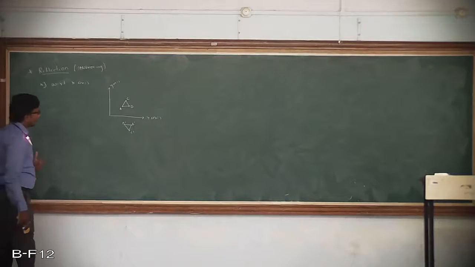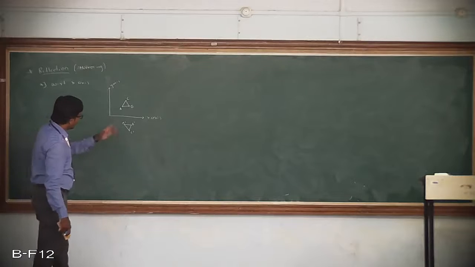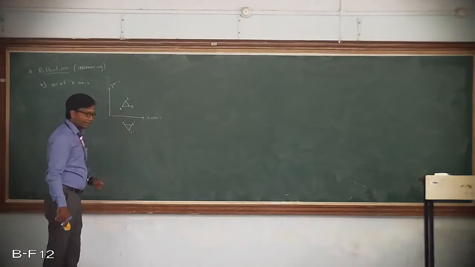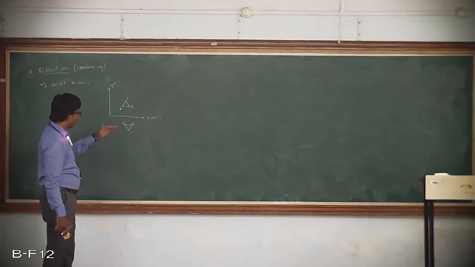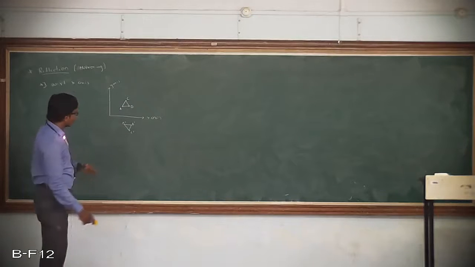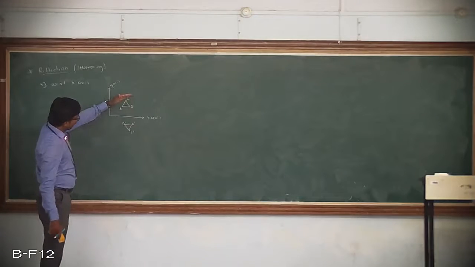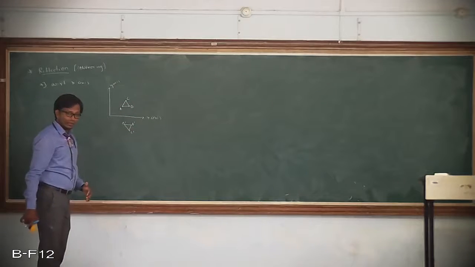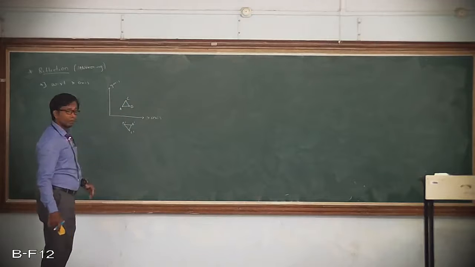If I want to reflect it about the x-axis, if you observe, the x coordinates remain as they are. When the mirroring has happened, there is a change in the y coordinates, but the location of the x coordinates remains as it is.